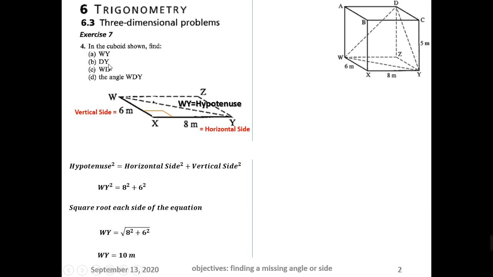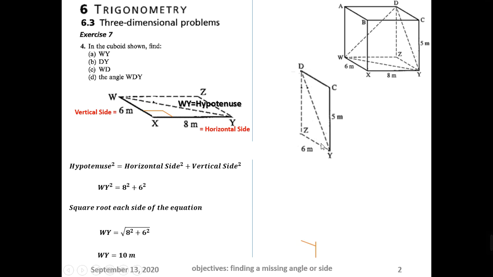Now, let's go to the second part, which is DY. DY, we're going to take the right side, as you can see here. And again, the right side, if you build this cuboid, is also a rectangle. And DY is the diagonal. It connects D and the opposite point to D is Y. So the diagonal connects the two opposite points together.